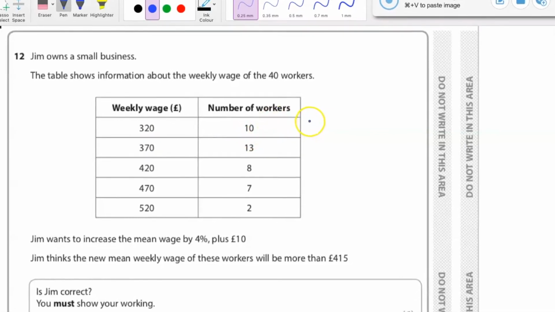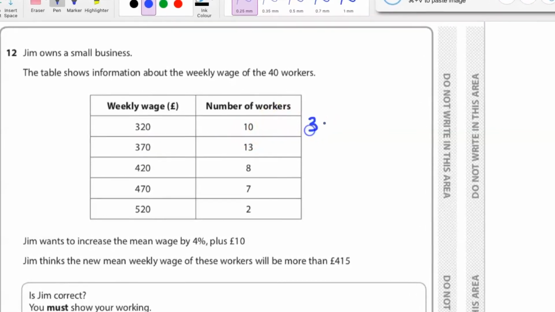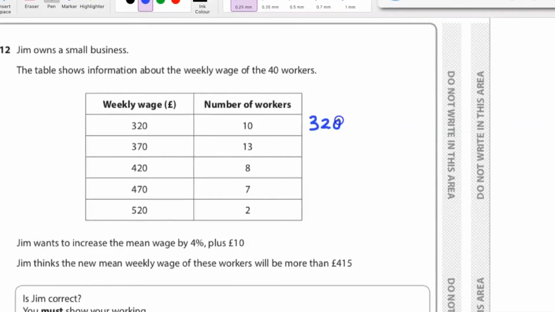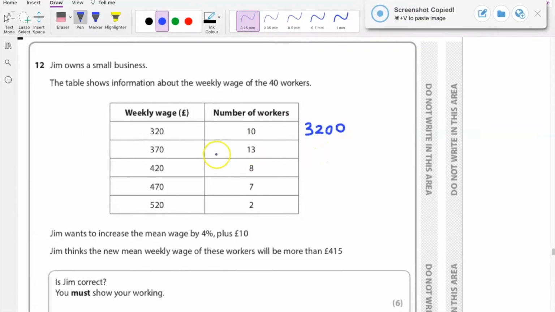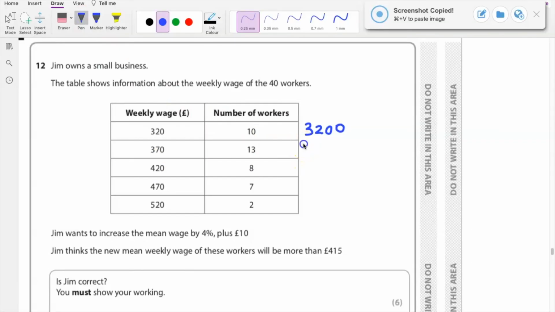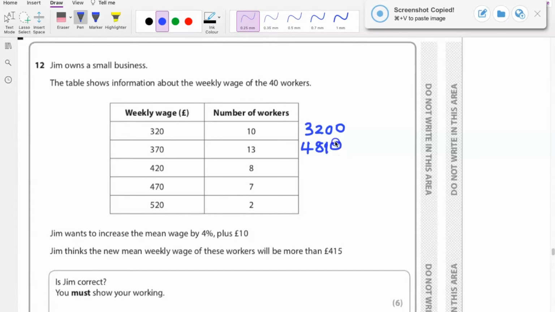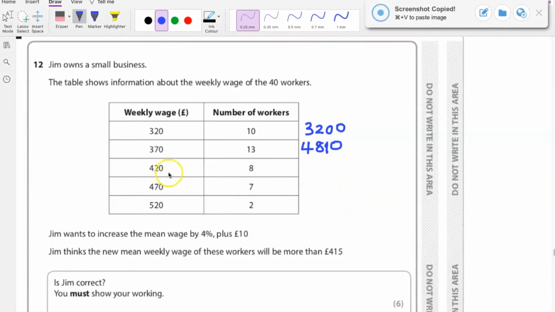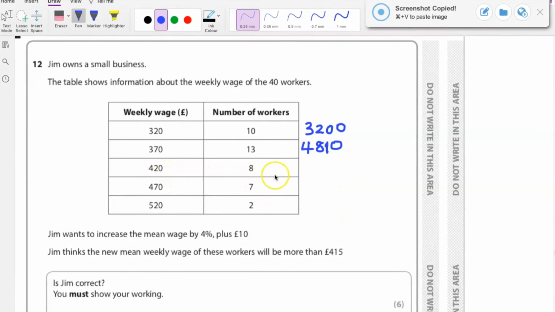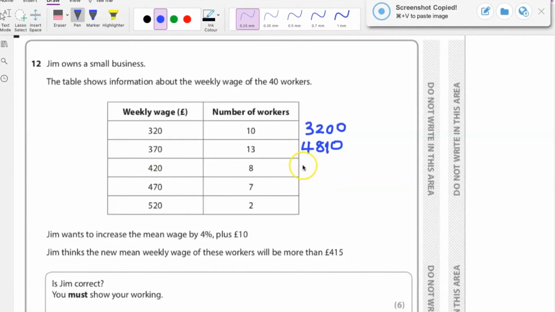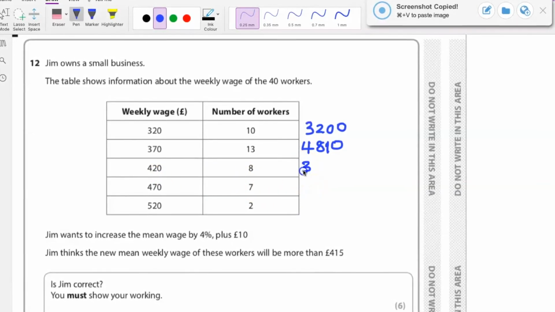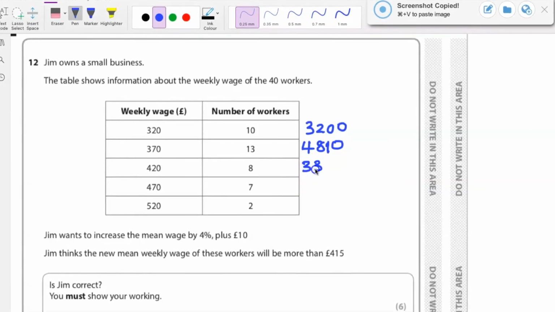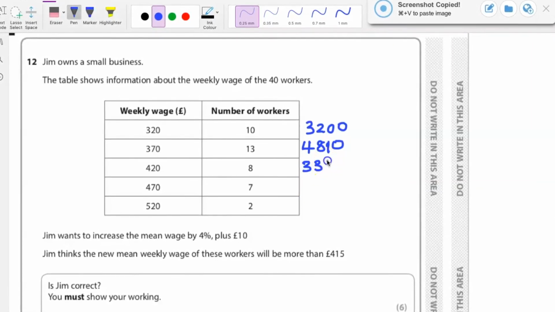This will give us 3,200. Then the next one will be 4,810. Then the next one will be 420 times 8. Put that in your calculator. You will get 3,360.